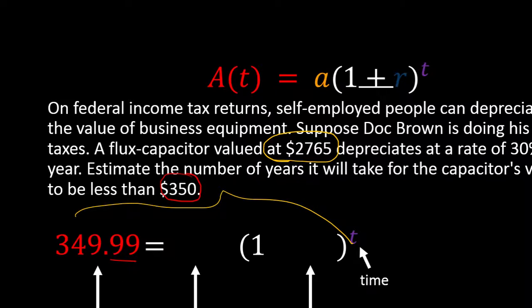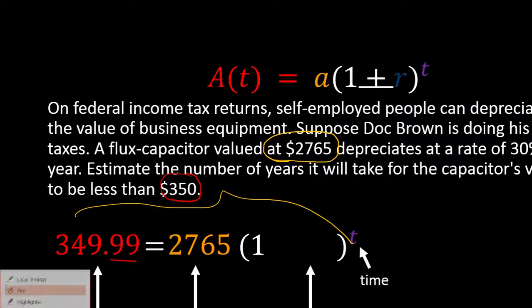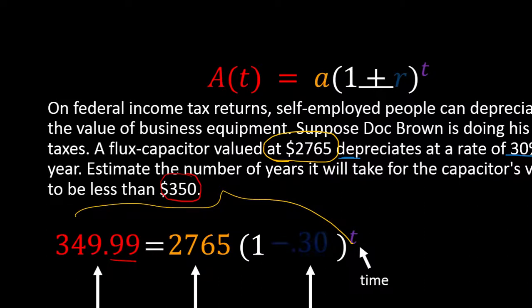So I've chosen the end value as $349.99 because that's when our capacitor is going to be worth less than $350. I've also already identified the initial value as $2,765. Now I'm told it depreciates at a rate of 30%. So if we're depreciating, that means it's worth 30% less per year. So I'm going to subtract 0.30. Notice that I had to convert 30% to a decimal.